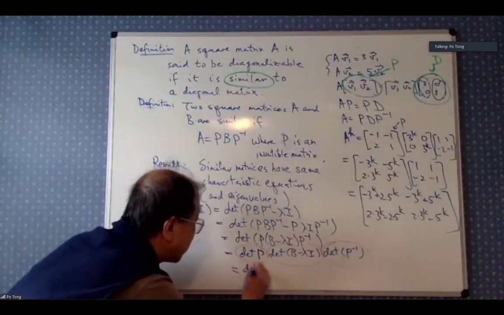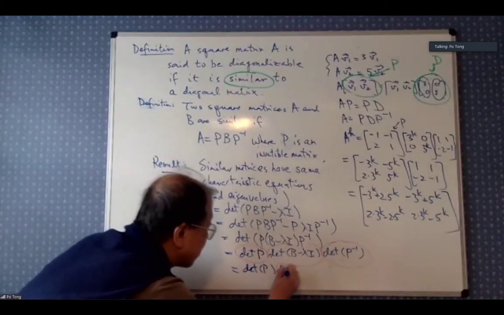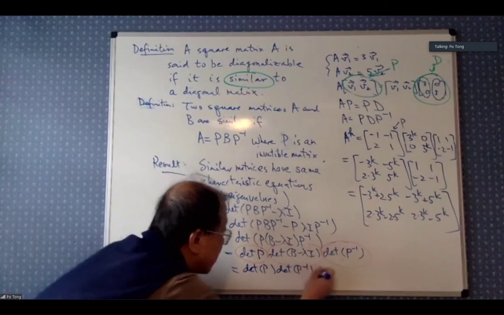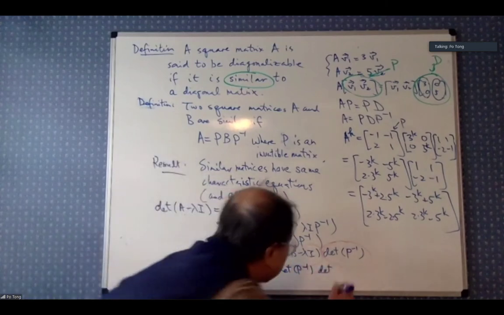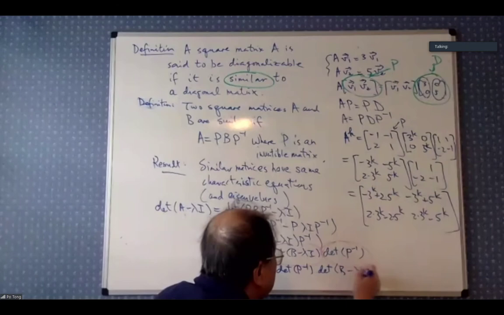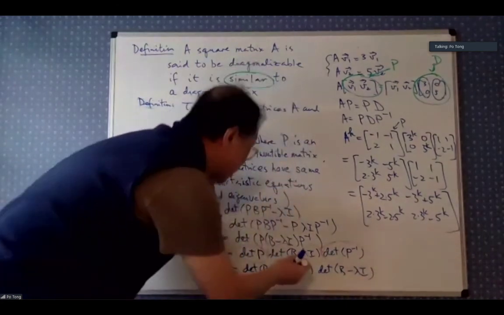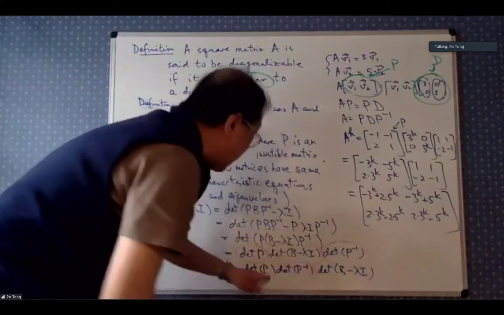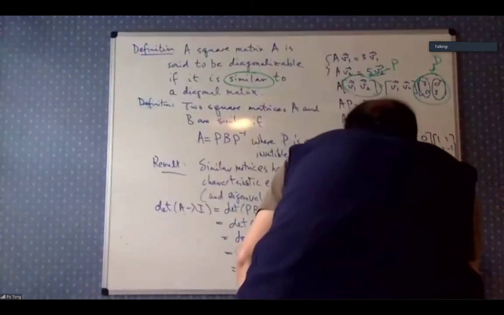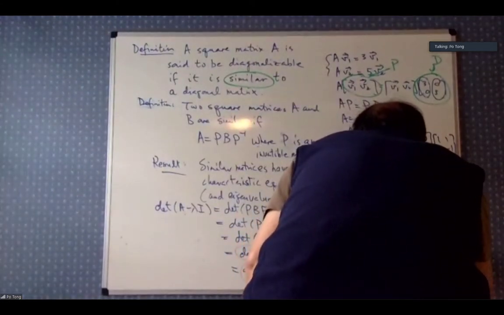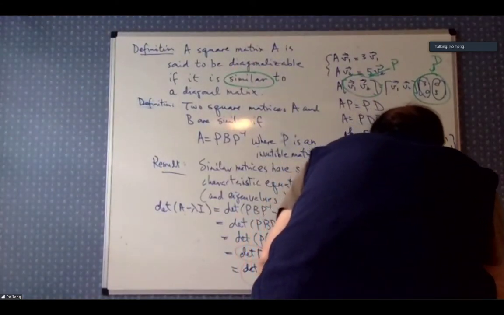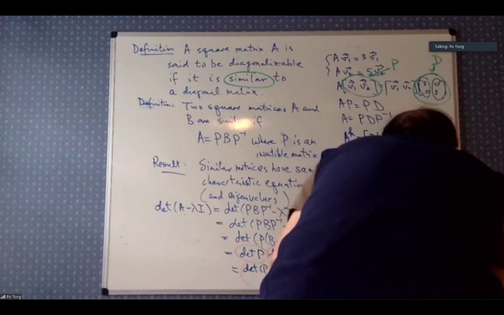So you get determinant of P, determinant of P inverse, determinant of B minus lambda I, and those two you can combine together.